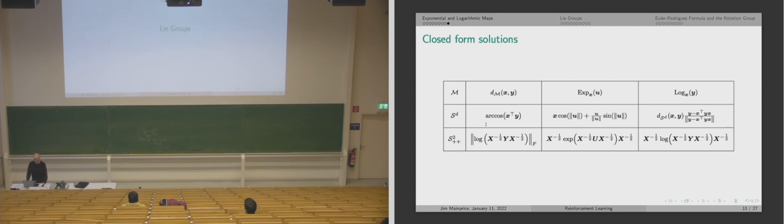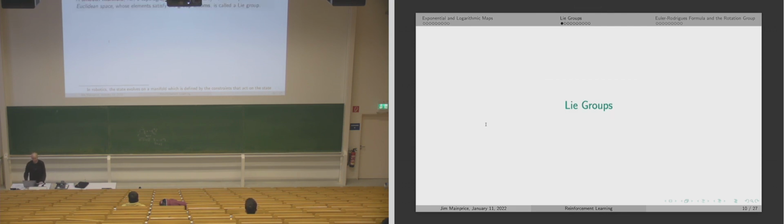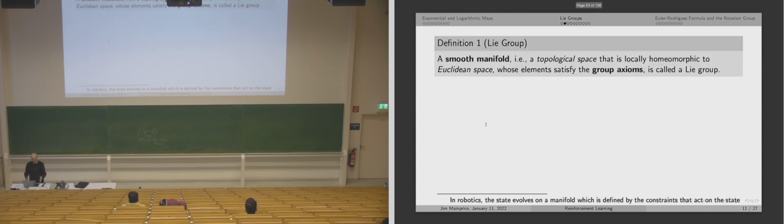Okay, so the Lie groups. The definition of the Lie group, as I said in the beginning, is simple. It's a smooth manifold, and actually we already saw two Lie groups. S1 is a Lie group, S2 is not a Lie group, S3 is a Lie group, and that's all the Lie groups that we saw. It's a smooth manifold, meaning that it's a topological space that is locally homeomorphic to Euclidean space.